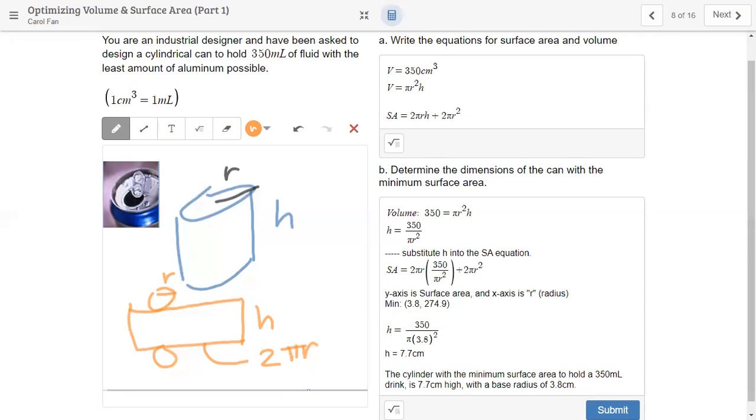So once again, what we did here: we wrote the equation that we have our constraint for, and then we wrote our second equation. Then we rearranged it and substituted it in for our second equation. We put it into our graphing calculator to see what the maximum or minimum was, and then we solved for the missing variable. Then we have the whole dimension.